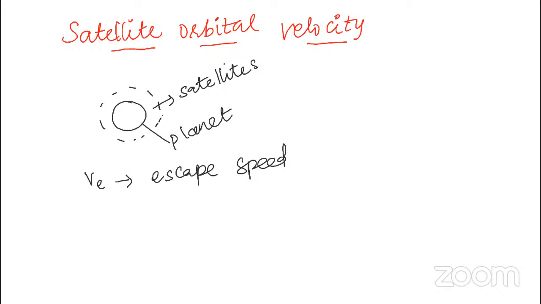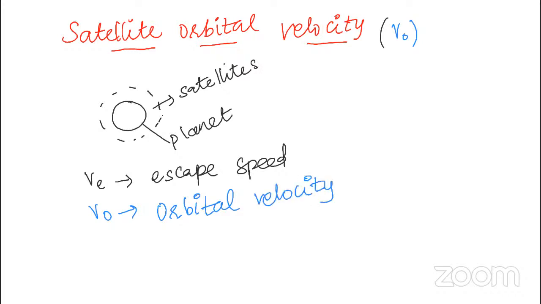The orbital velocity we denote as V naught. These also have 4 equations, which are very important to solve many problems. In this class, we are seeing the various formulas for orbital velocity and its related problems.